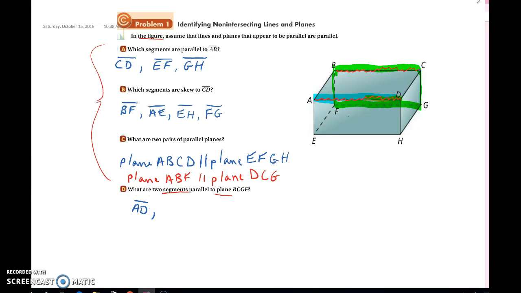And then another answer that we can give is segment DH is parallel to plane BCGF because segment DH is parallel to segment CG and segment CG falls within that plane. So the other answer we can give is segment DH. All right, there are a couple more that we could have given as well, but it only asks for 2.